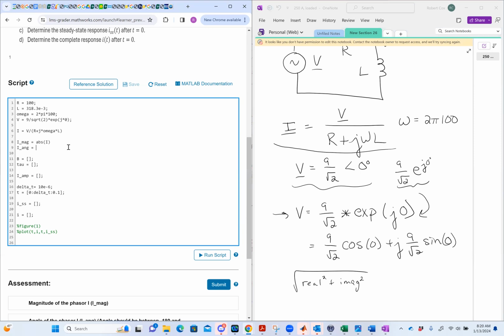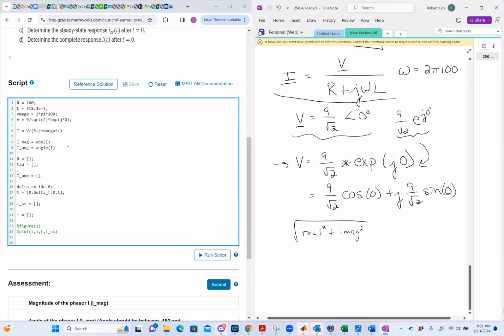Now in MATLAB, the other thing I can do is get the angle of I. Again, all of MATLAB's core functions are going to give me values in radians. So what I'm going to do is a unit conversion. I look at this.